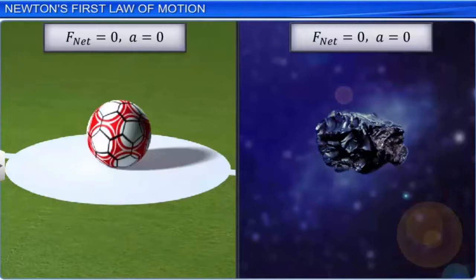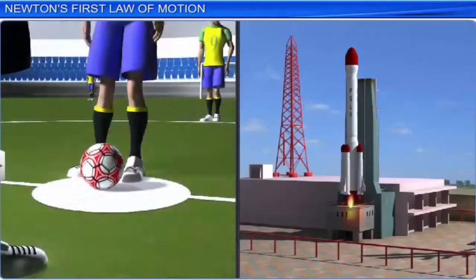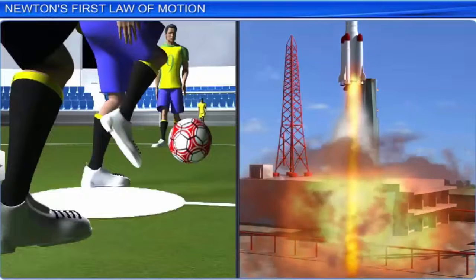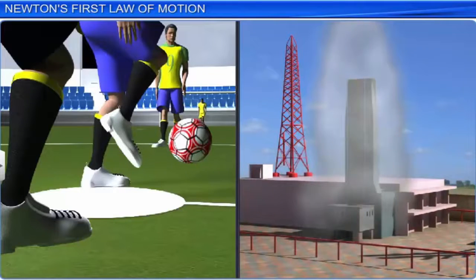If the net external force on a body is 0, its acceleration is 0 and vice versa. 2. A body accelerates only when a net external force acts on it. These two forms of the law are extensively used while solving problems in kinetics.